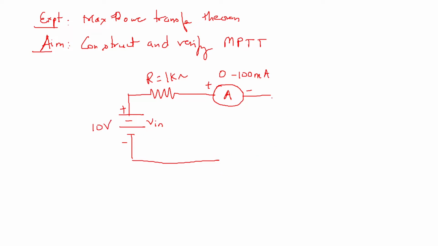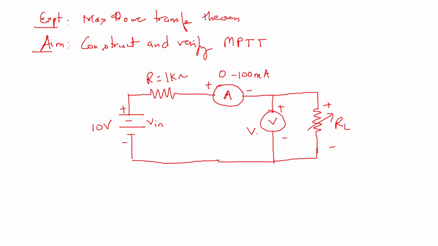Then we will have a variable load resistance RL from a decade resistance box, and across the load we'll have a voltmeter to measure the load voltage, with a range of 0 to 30 volts. This is how we can form the circuit.